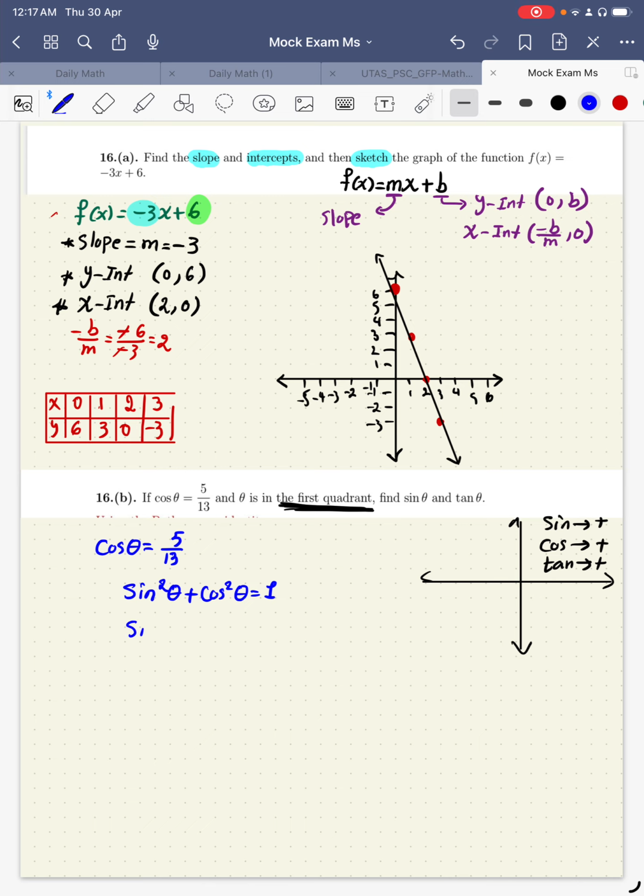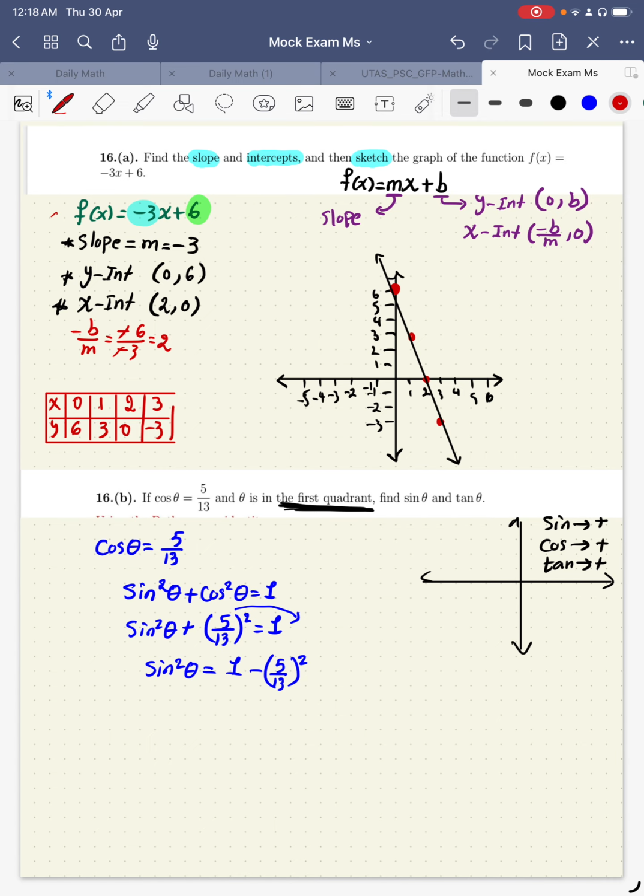So I'm gonna have sine squared of theta plus 5 over 13 squared, which equals 1. Now to solve for sine, I'm gonna take that number to the other side. I'm gonna have sine squared of theta equals 1 minus 5 over 13 squared.